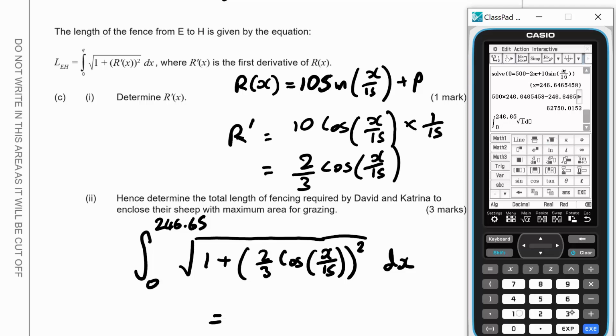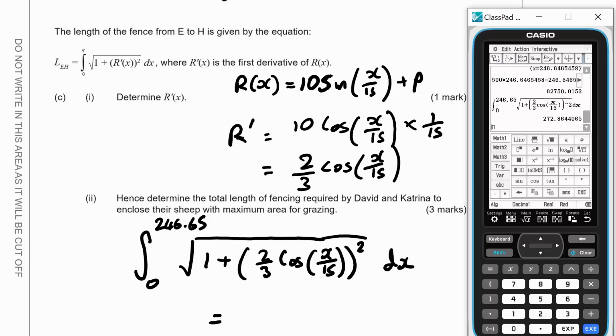And that will be the square root of 1 plus 2/3 cos x over 15 squared dx. 272.86.